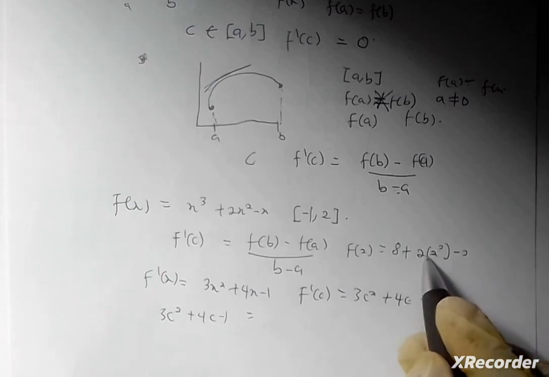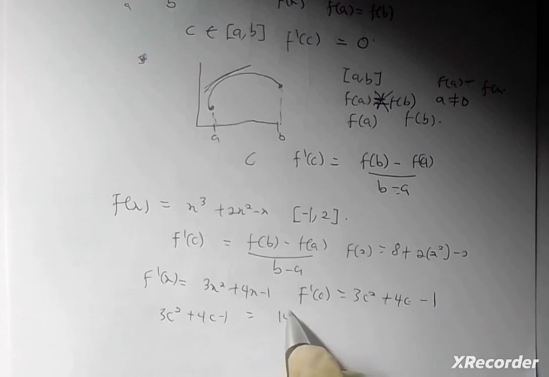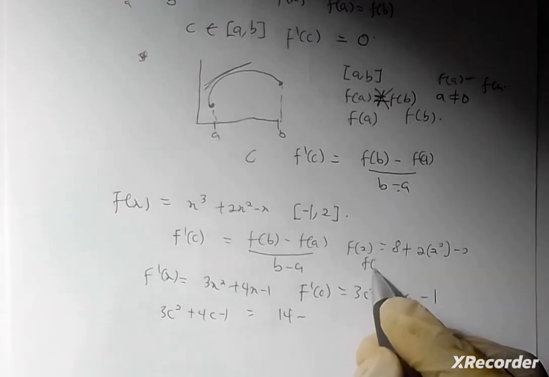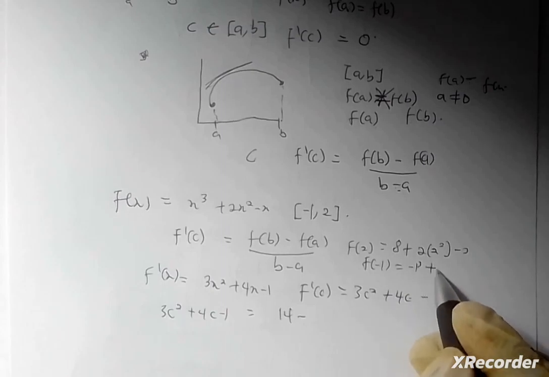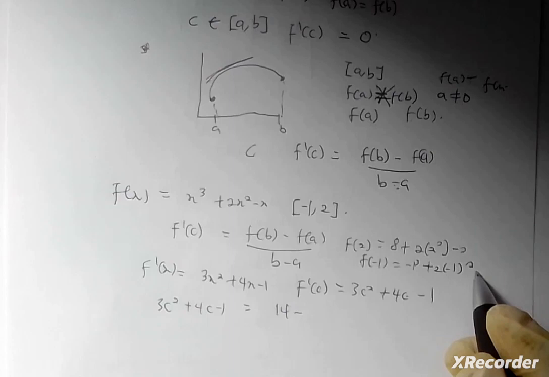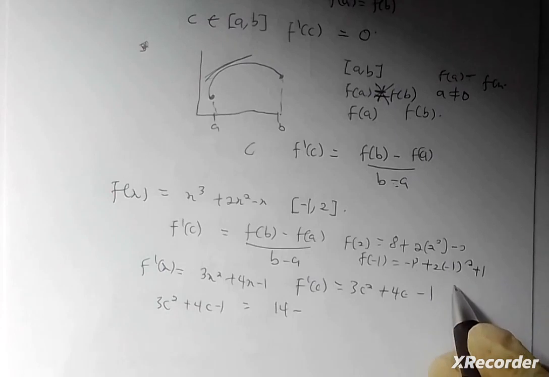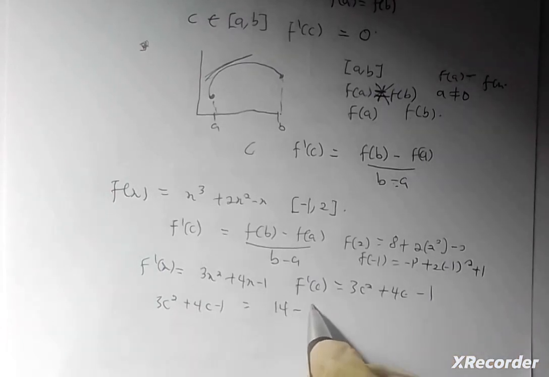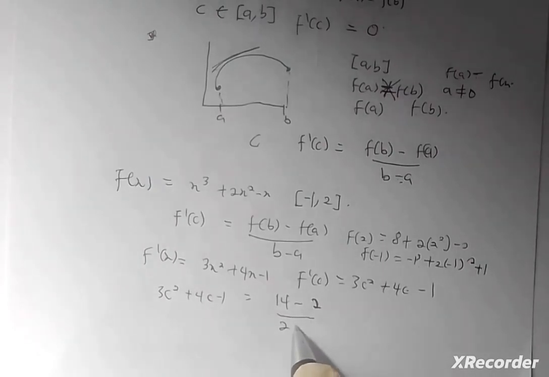So 8 plus 8 minus 2, we get 14. Minus f(-1). This will be (-1) cubed plus 2 times (-1) squared, then minus (-1), so plus 1. So I get -1 plus 2 plus 1, which is 2, all over 2 minus (-1), so 2 plus 1.